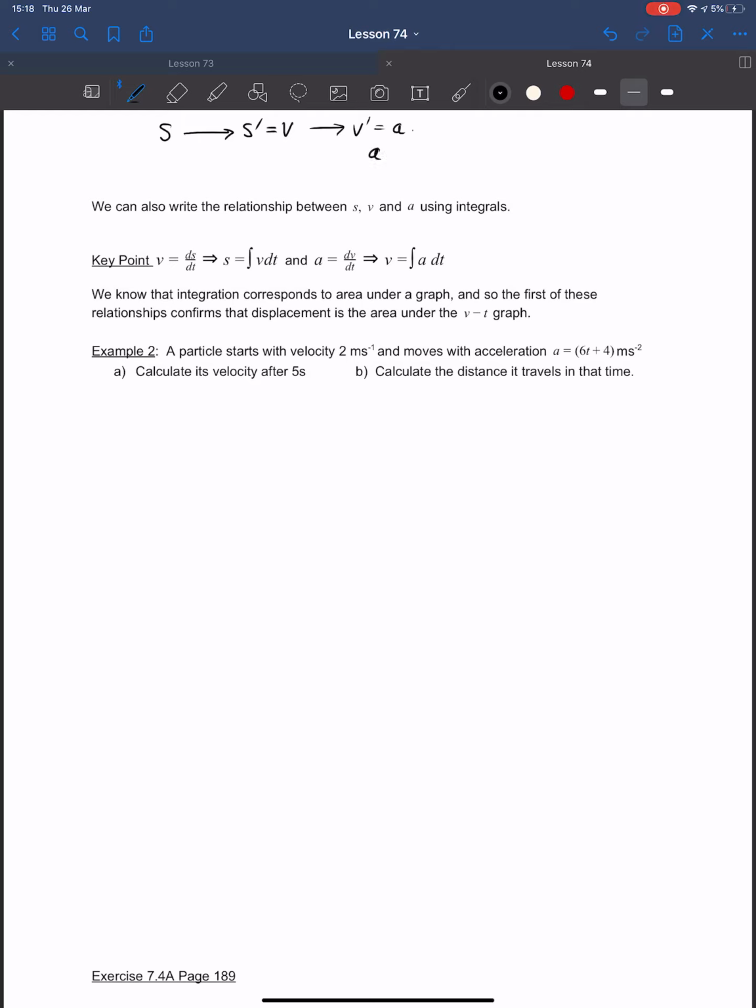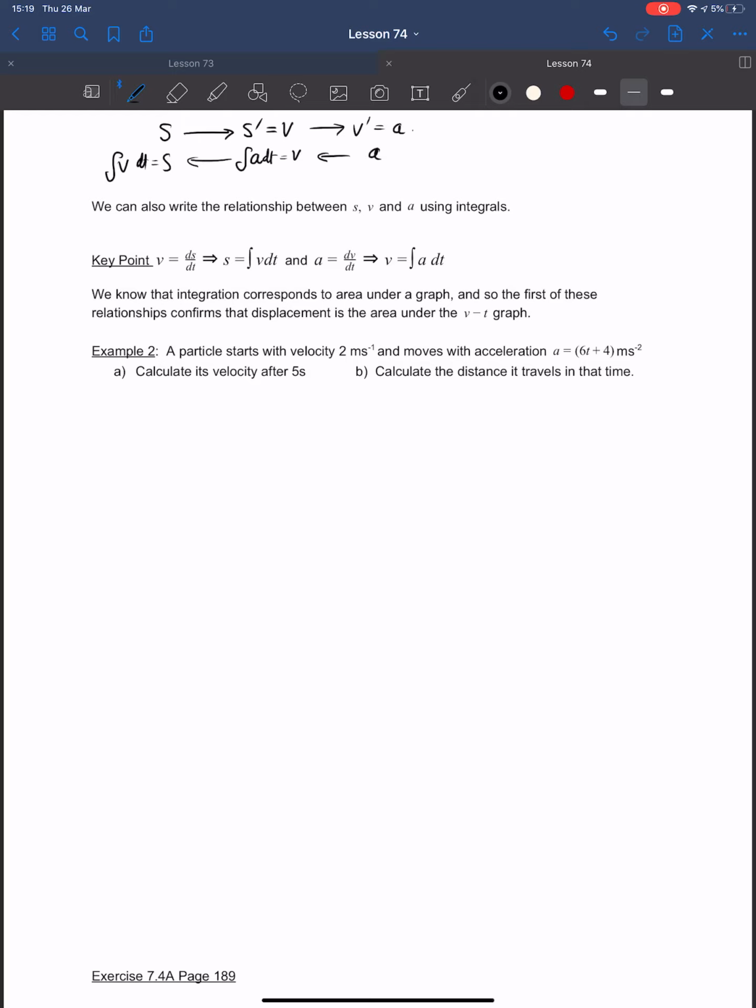If we start with a, we can do the integral of a dt is v, and then the integral of v dt is s. So one way we differentiate, or we go back and integrate.